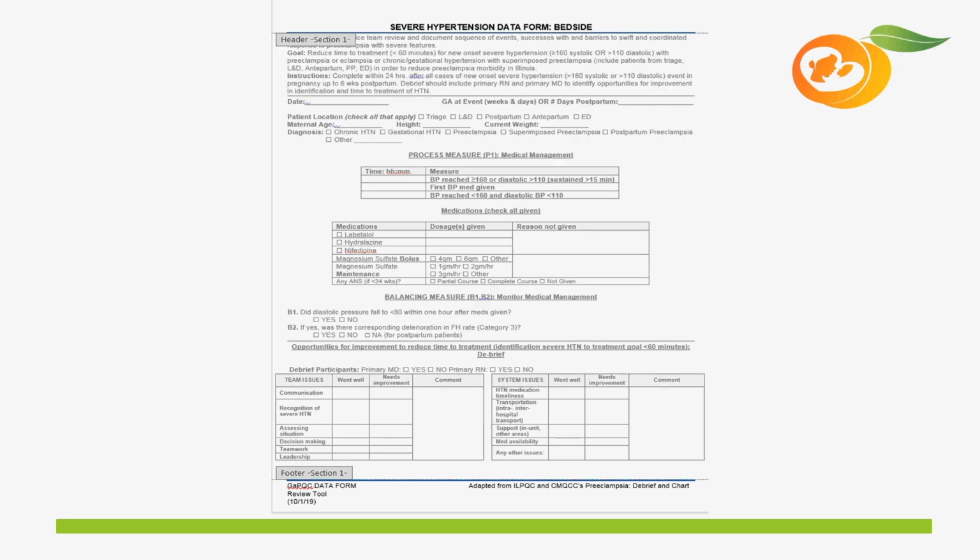You can see it goes through patient information, obviously, but also some blood pressure recordings, medication administration, and the impact of the medications being given. A section on debrief. Terrell, would you go to the next slide?